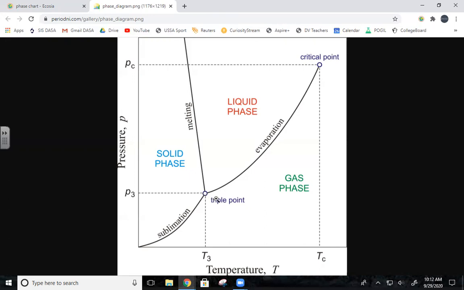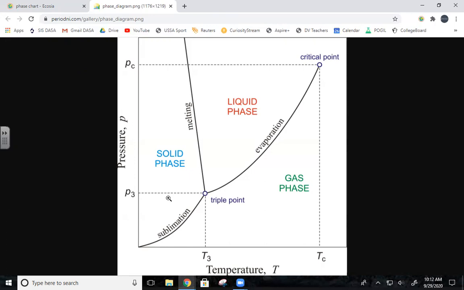Okay, so let's talk about the fact that on the surface of Mars, it's negative 50 degrees. So we're here on temperature, where my little magnifying glass is. But the pressure is insanely low, okay? It's really, really low.